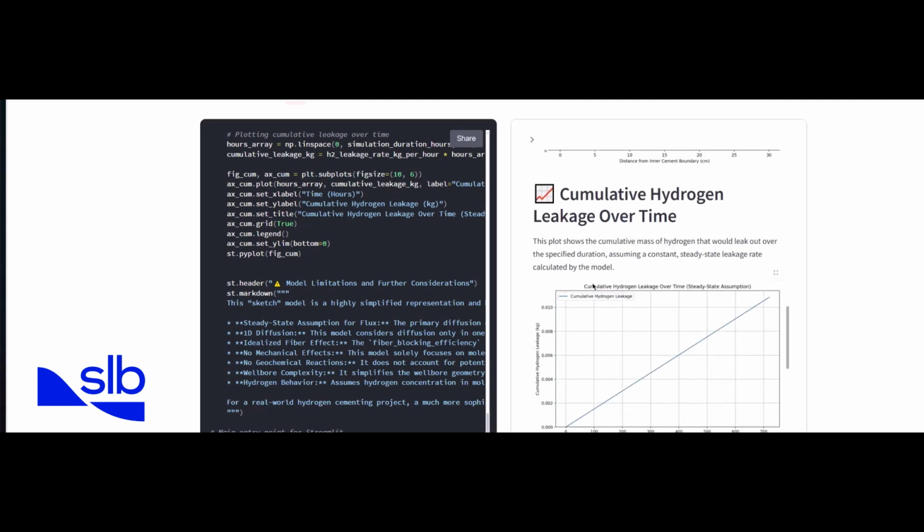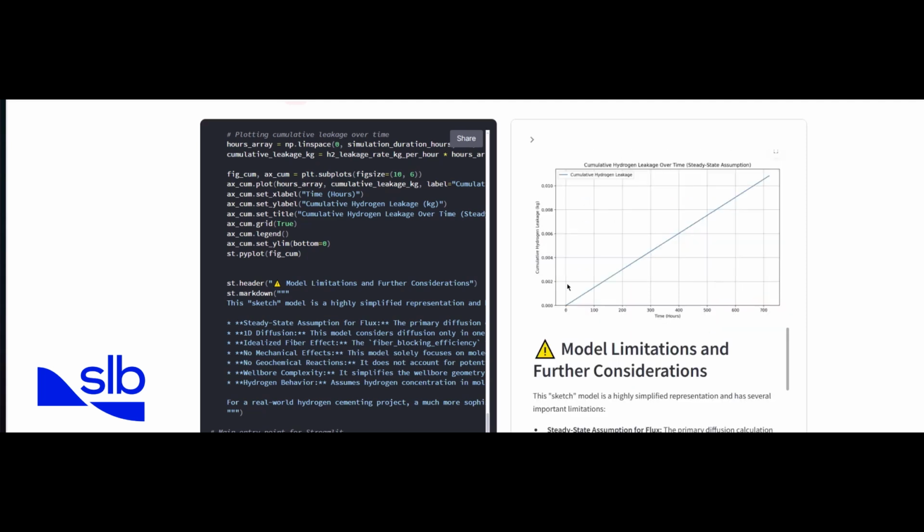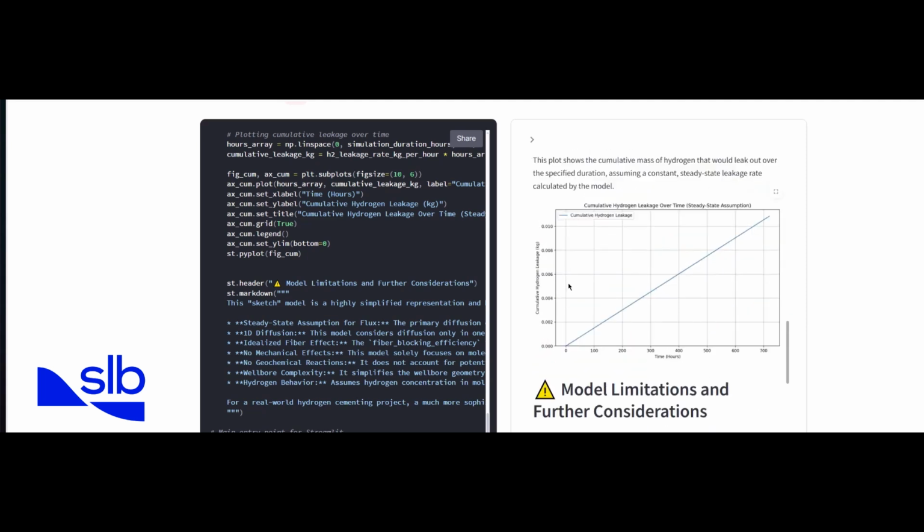So, the cumulative hydrogen leakage over time. This plot shows the cumulative mass of hydrogen that would leak out over the specified duration, assuming a constant steady state leakage rate calculated by the model. So in this case we have the cumulative hydrogen over time in steady state assumption.